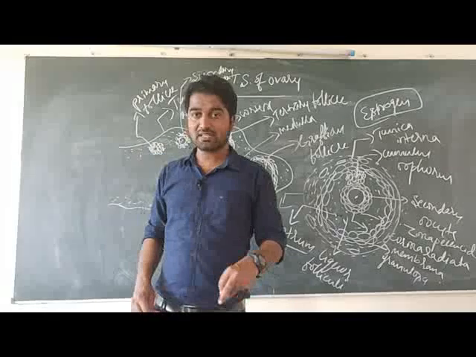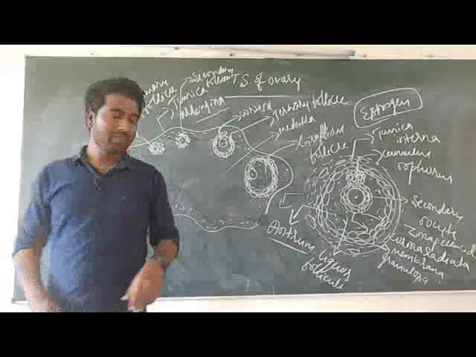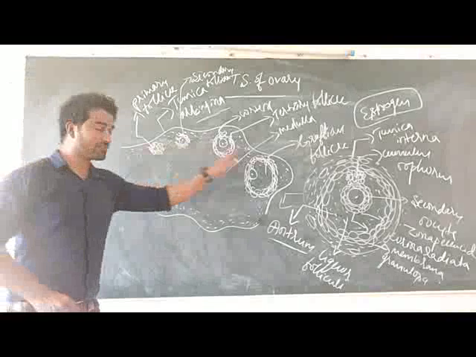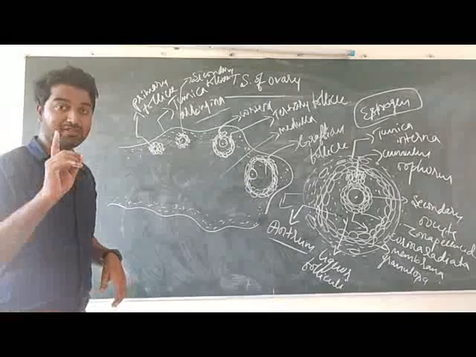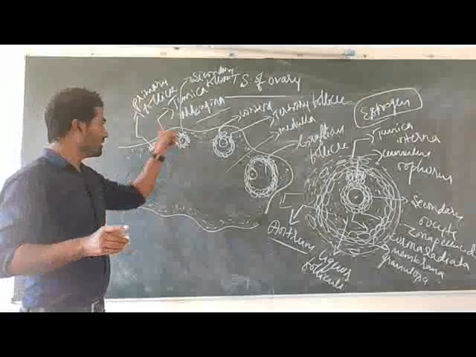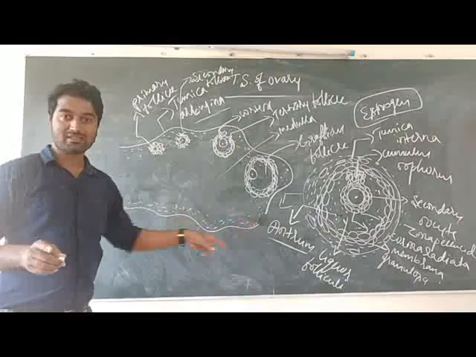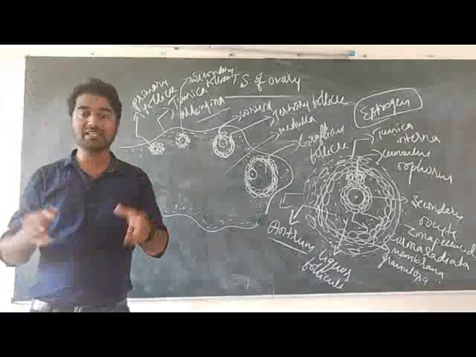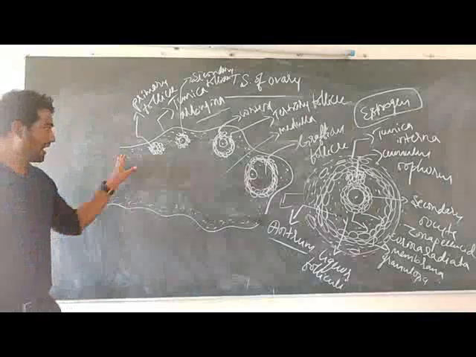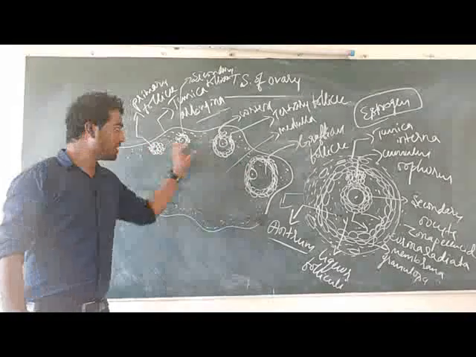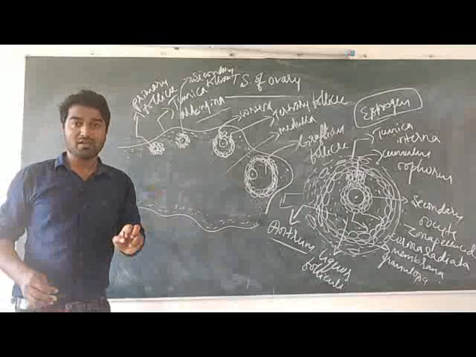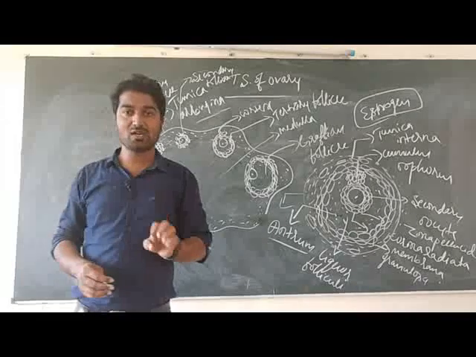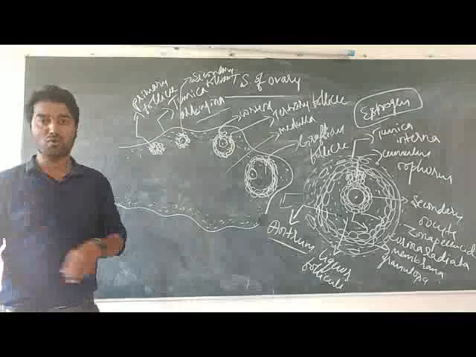And dear students, I will explain one more time. In the cortex region of the ovary, ovarian follicles are present, and remember this thing: in the cortex region, the tunica albuginea is covered with germinal epithelial cells. Every month 500 follicles develop in the female ovary.